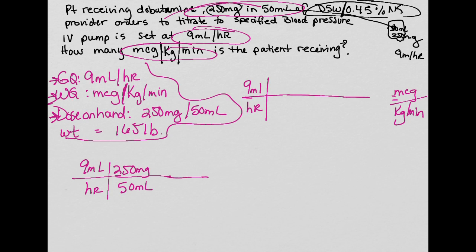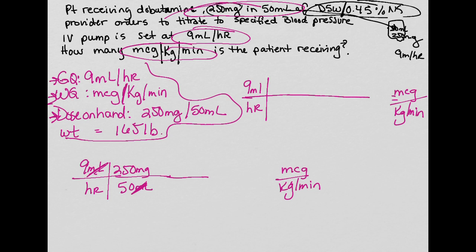I also, looks like I'm looking for micrograms per kilogram per minute. So right now I can cross out the mLs. Now I'm going to have milligrams per hour. I'm not even close to that, right? I need to get to micrograms per kilograms per minute.